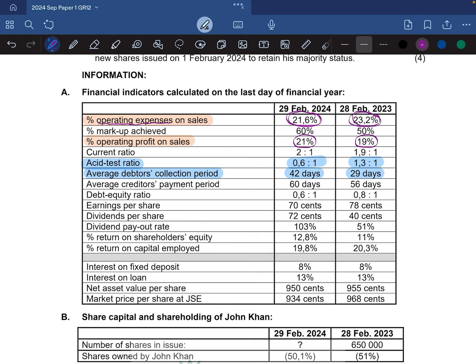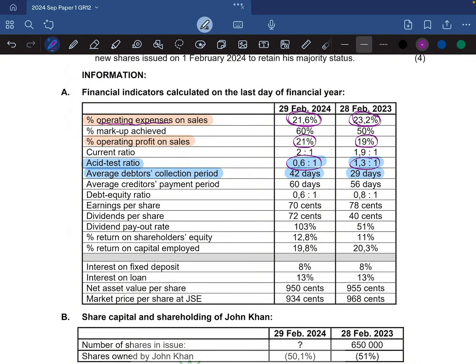So, let's assume our stock was to become obsolete, or we could no longer sell all our stock, how much of our other current assets can we use to generate income? That's what the asset test ratio shows. Now we had a decrease from 1.3 is to 1 in 2023 to 0.6 is to 1 in 2024.